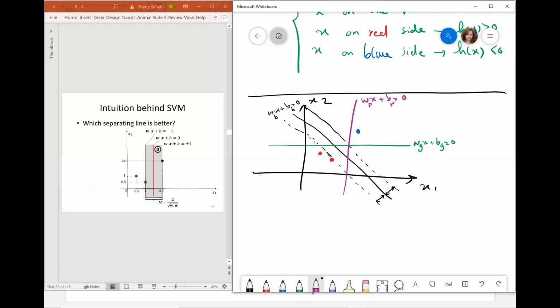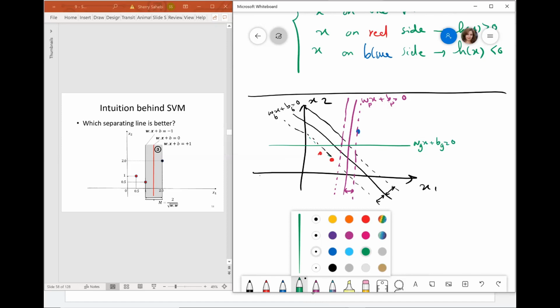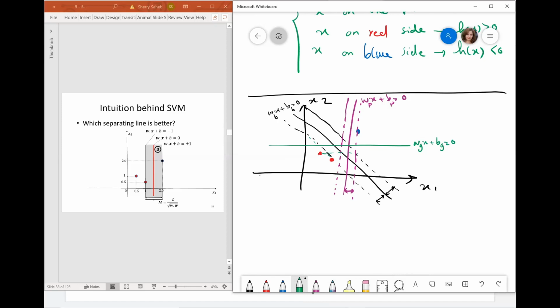For the purple one, this blue is the closest data point to it. So I have this much of margin on this side, and I will have another one which is similar on this side. For the green, my margins are going to be like this. Okay, so this is my margin for green, this is for purple, and this is for black.